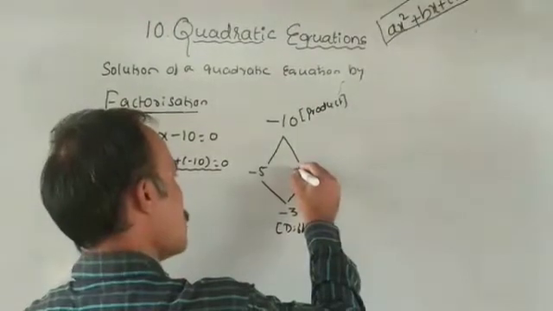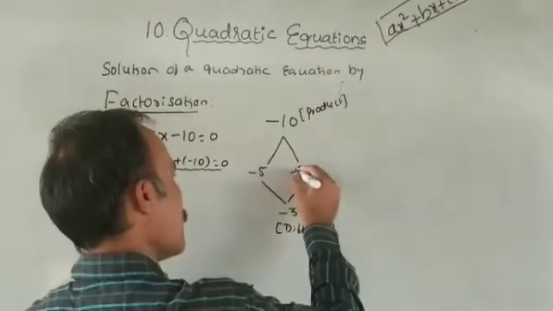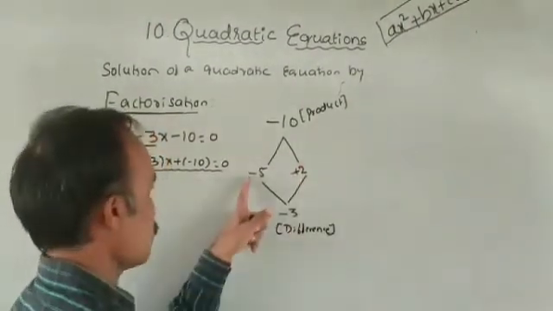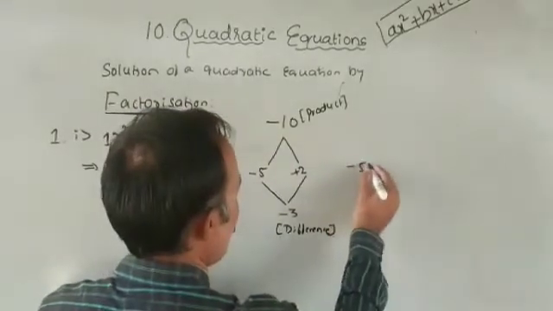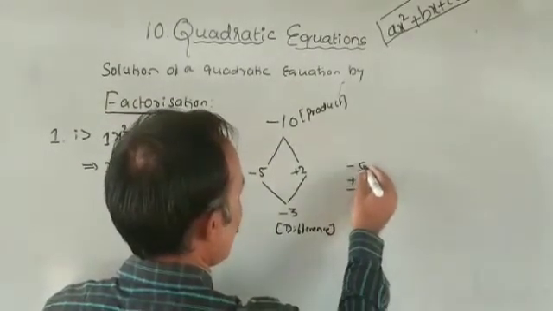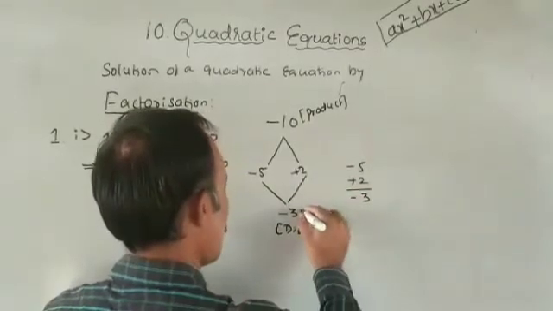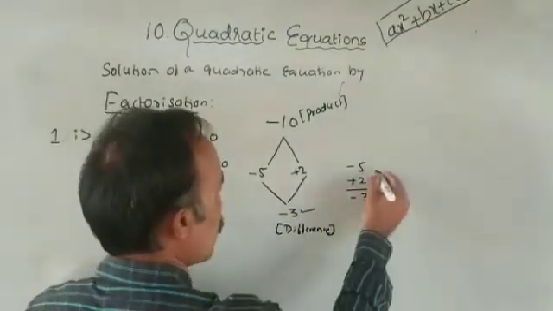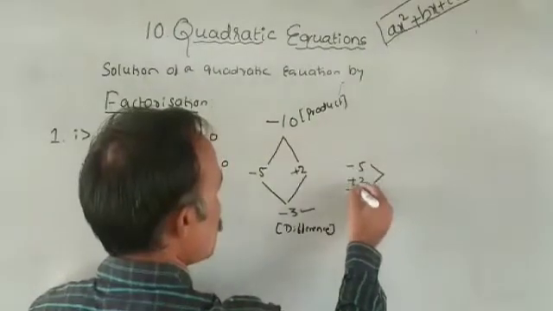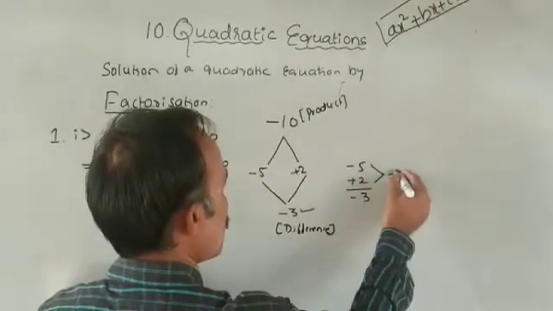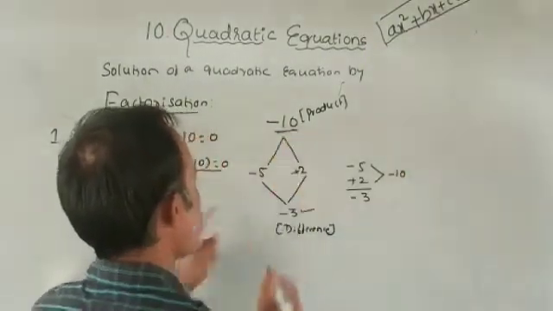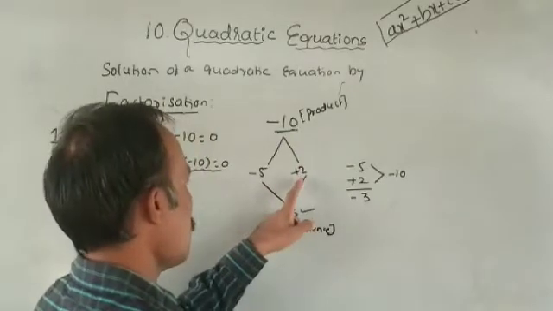So if the other is the opposite, that is plus, then we will get minus 3: minus 5 plus 2. Let's find the difference: 5 minus 2 is 3, and the greater number has the minus, so the difference is minus 3. Now we find the product of these two: minus into plus is minus, 5 twos are 10. What are the factors? Minus 5 and plus 2.